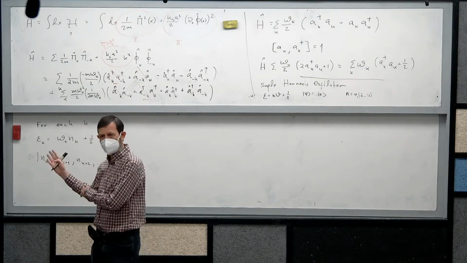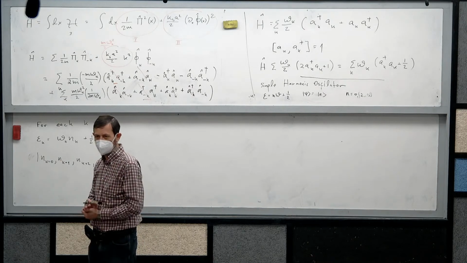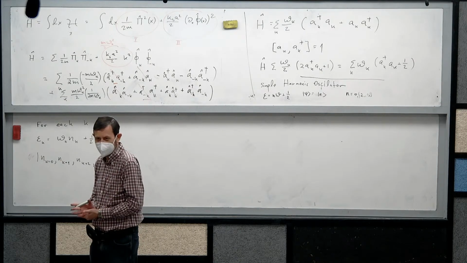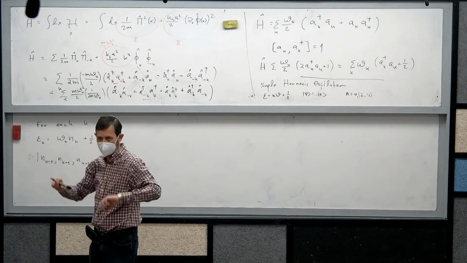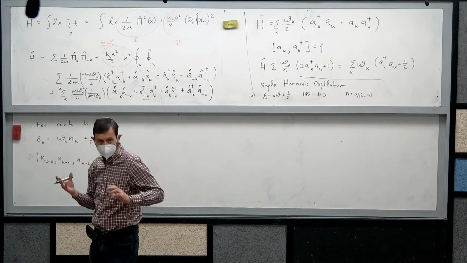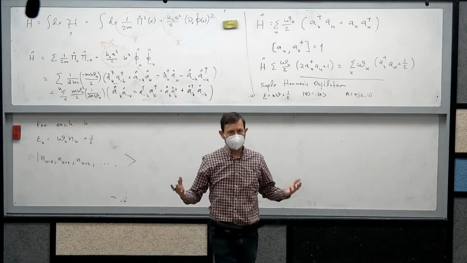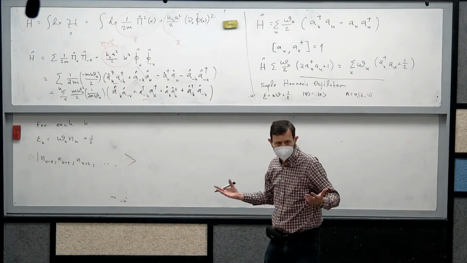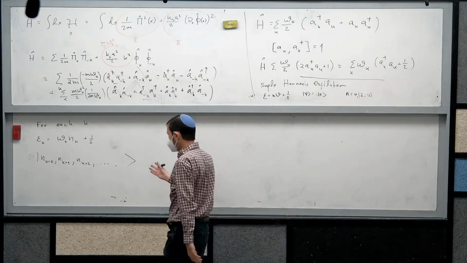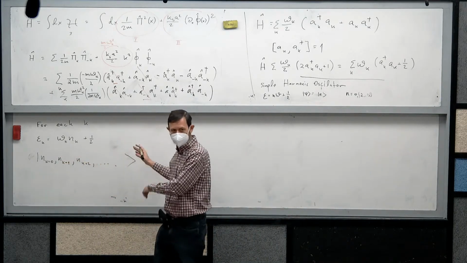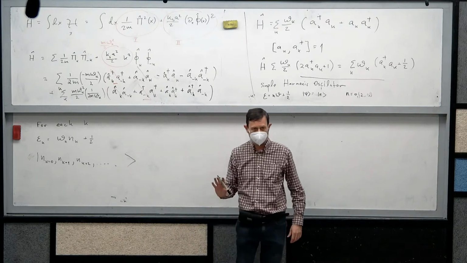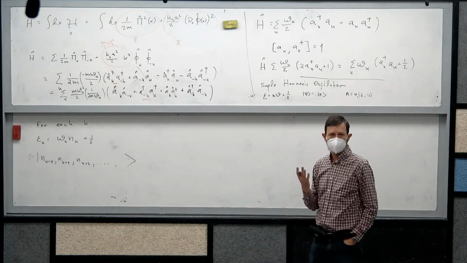I wrote only the positive case for brevity, but of course, for each k, I can have a minus k. And I also can say how many quantas of energy I have in this negative state, and it's just easier for me to cut it off and write only the positive. And what does it tell me to do?